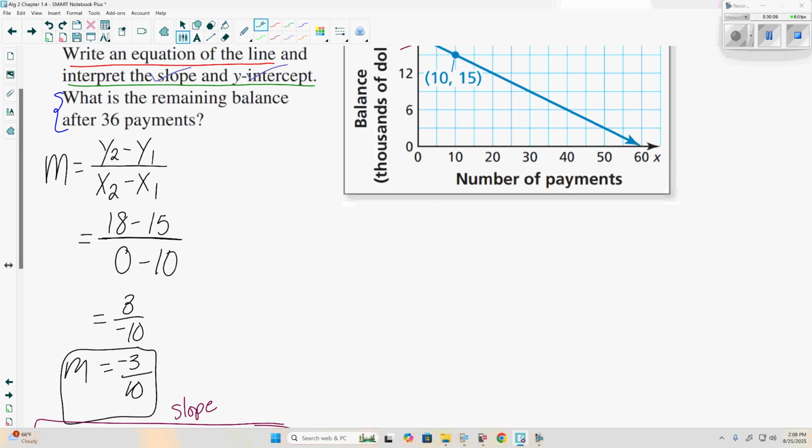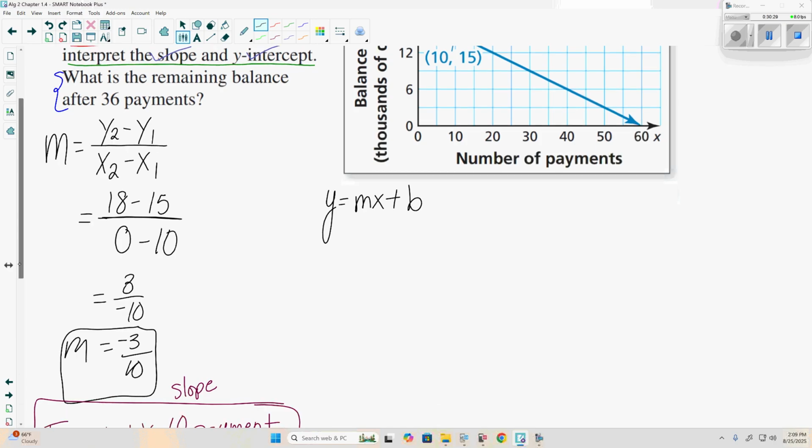Now we need to find the equation of a line, yes? But here, it told us we have the what? We have the slope, and we do indeed have the y-intercept, yes? So I would start off with y equals mx plus b, because if we have the y-intercept, it's going to be easier, because we know the slope is negative 3/10. Our y-intercept, the b value, is the y value at the y-intercept.